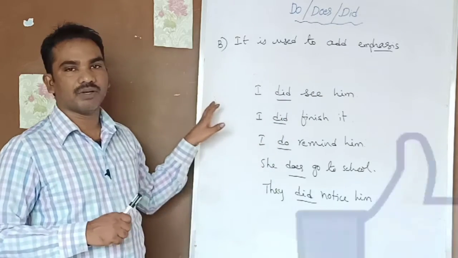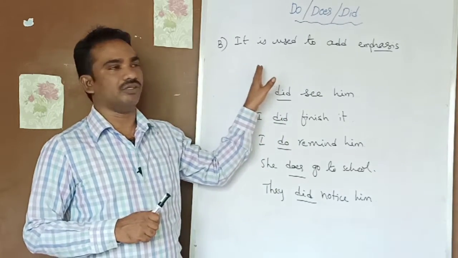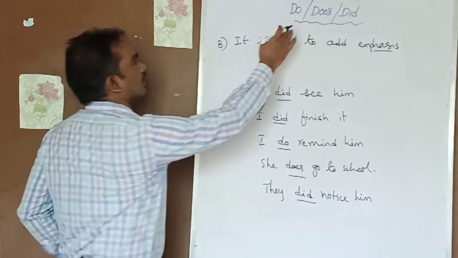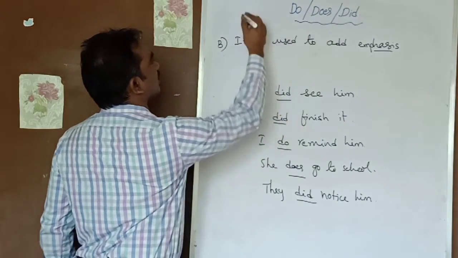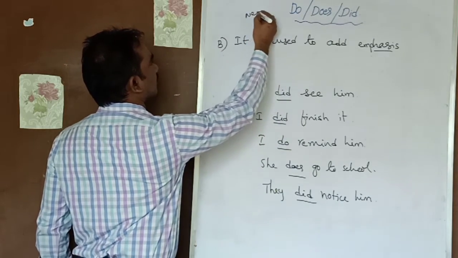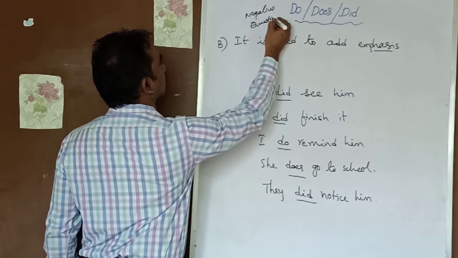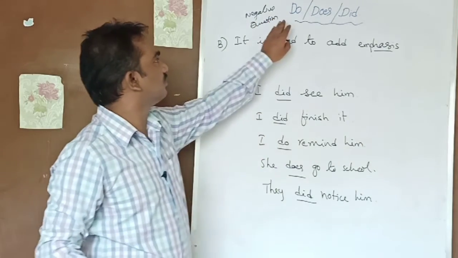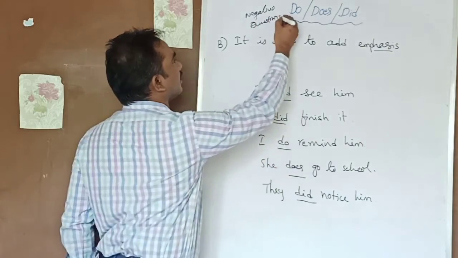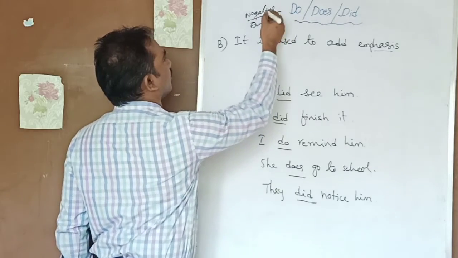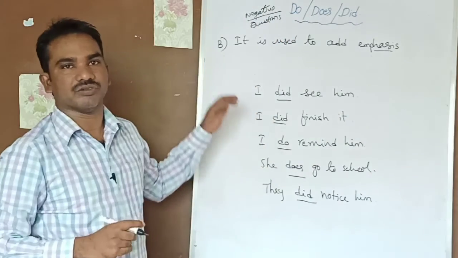Okay, do you remember in the previous video I told you we use do, does, did to express negatives and questions. To make questions we use do, does, did, and at the same time to make negative sentences also.